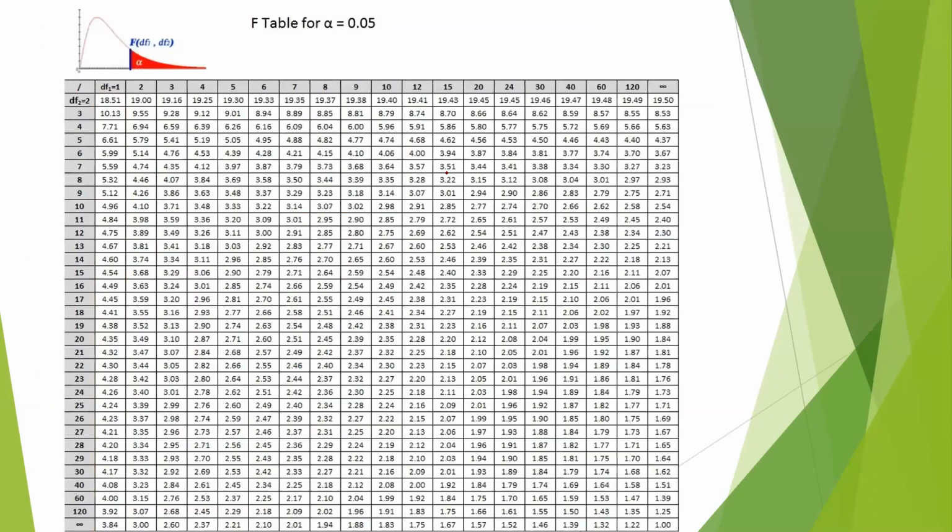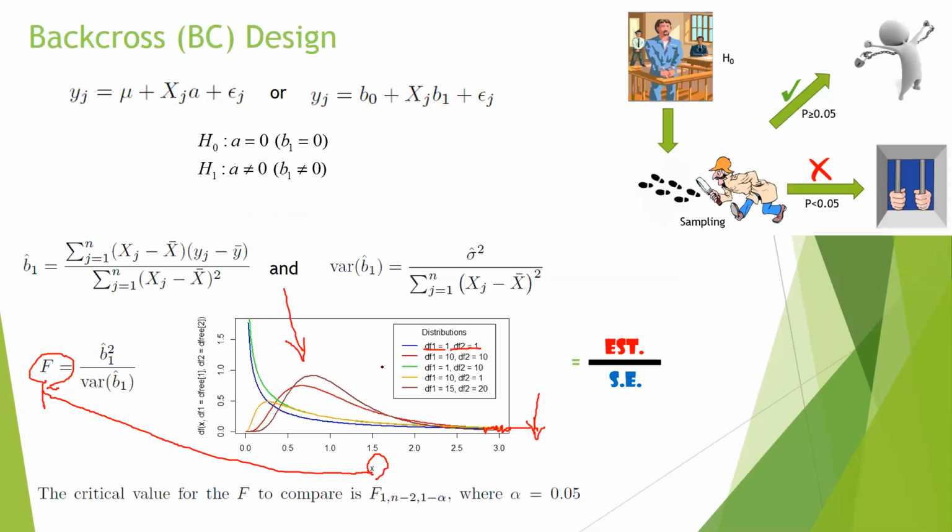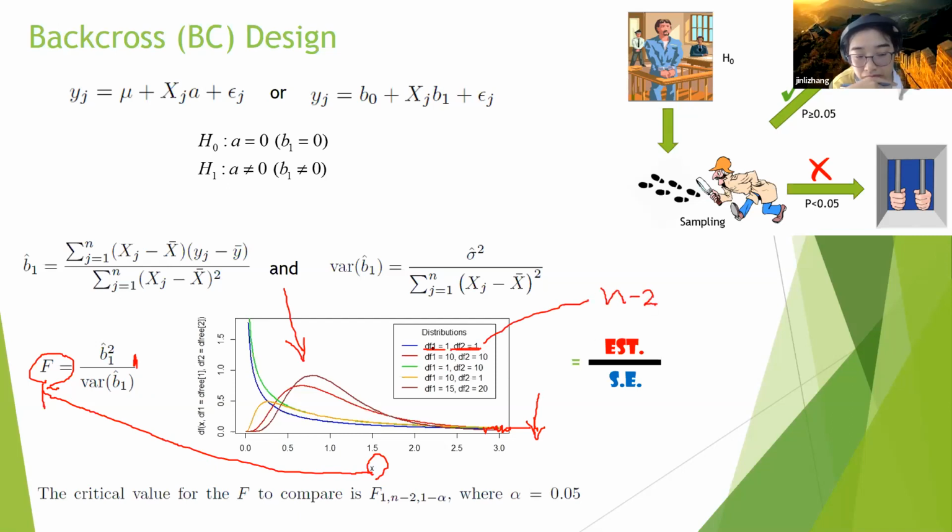In our case here, the degree of freedom 1 always equals 1, because we just test one parameter, right? And the degree of freedom 2 equals n minus 2. Yes.